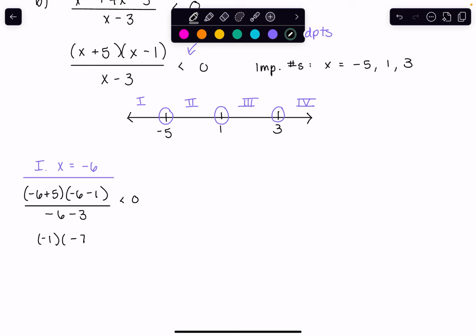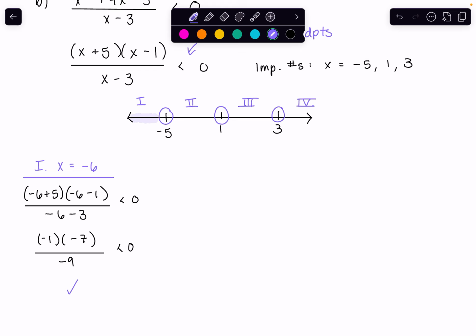Then we get -7 and -9 in the bottom. When I'm working with 3 negatives, it's overall going to be negative. So fantastic. This interval is going to work.